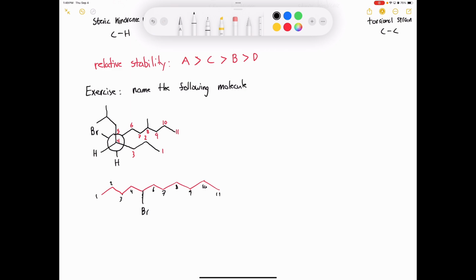Yeah, so it's going to be boom, boom, and then boom and boom. Good. Then the only other substituent on there is what? Is there any other substituent we're missing? Methyl on? There you go.